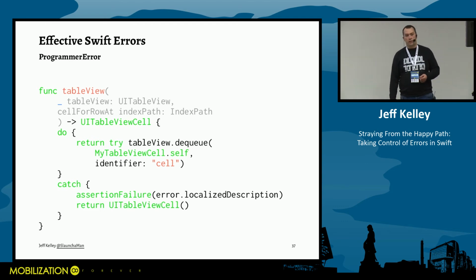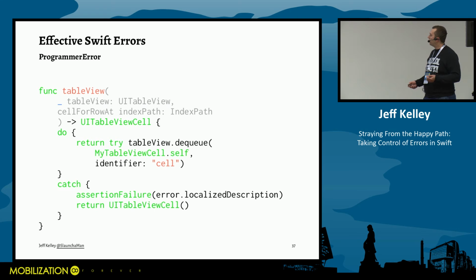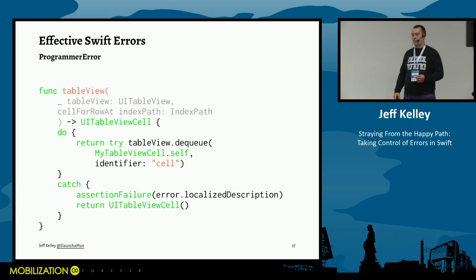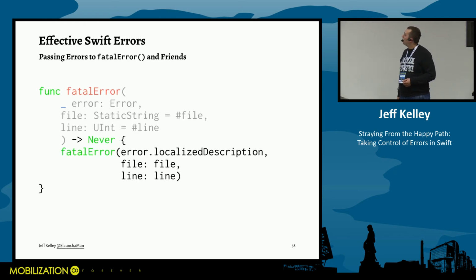So another thing you might notice here, trying to make this even better, is I keep passing around this localized description of the error. And I'm not actually localizing it for the user. This is for the developer. This is just a convenient way to get a string out of an error. So we can go a step further.